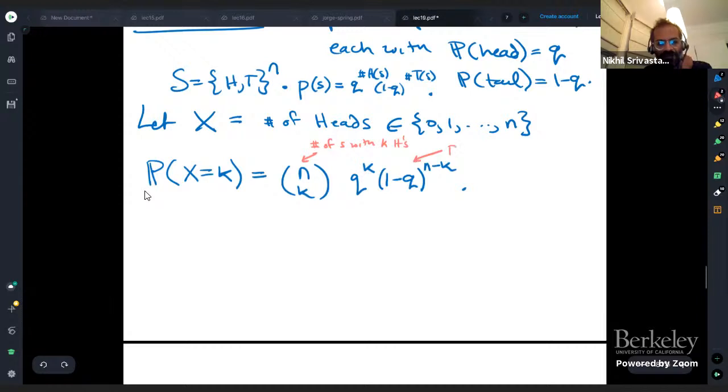This is the probability of any particular arrangement with k H's, the probability of any particular outcome. So any questions about this calculation?